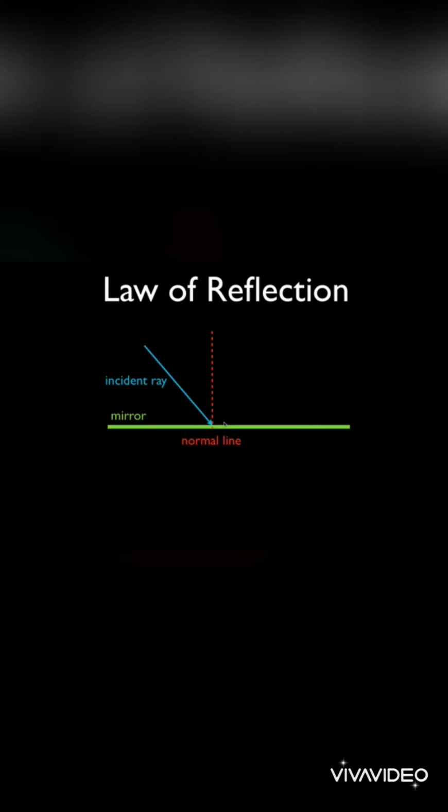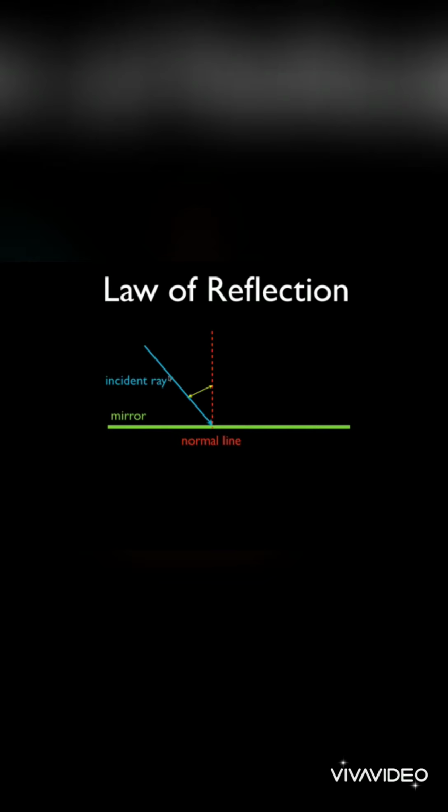I hope you are understanding it. Now the angle which is forming between the normal line and the incident ray is called the angle of incidence. As you can see over here, this is called the angle of incidence.